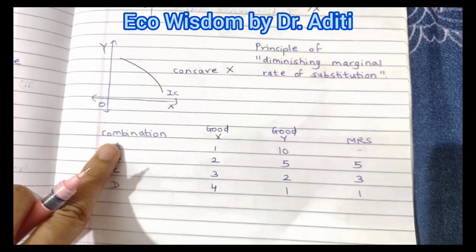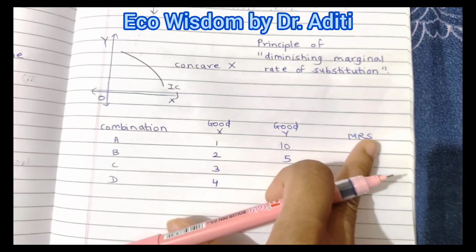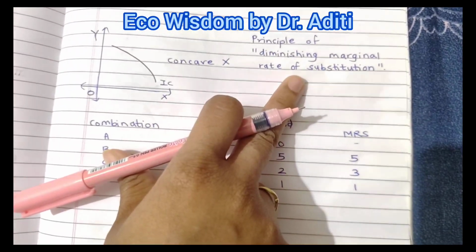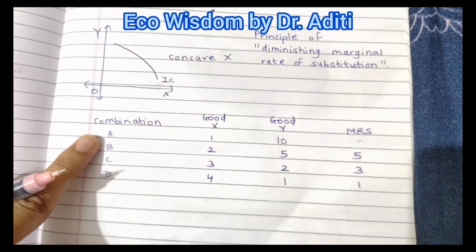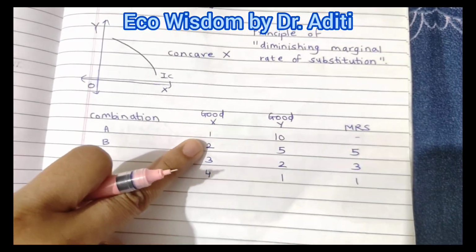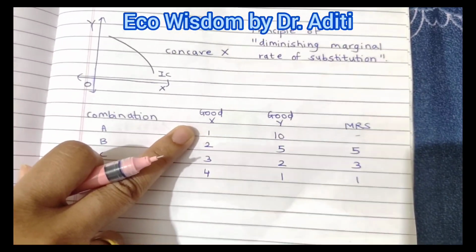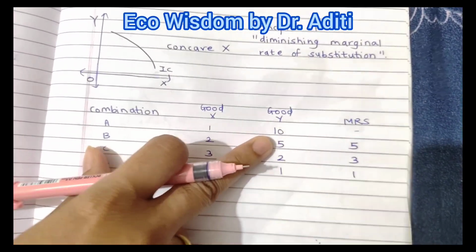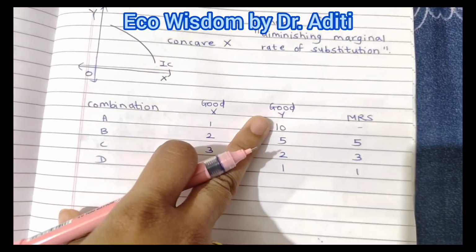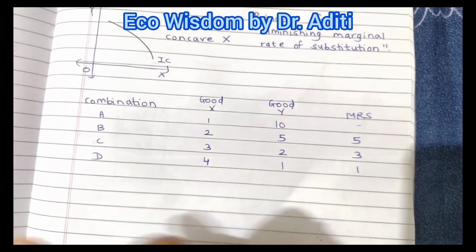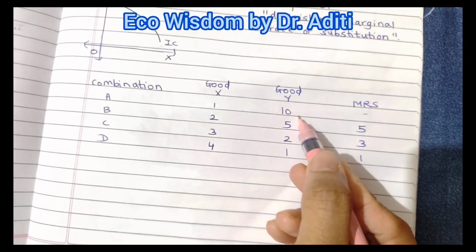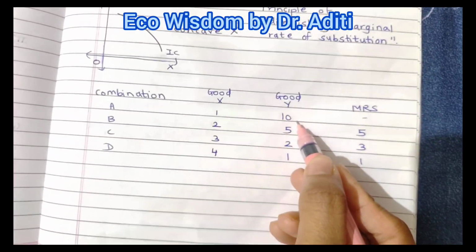We have combination, good X, good Y, and MRS, which is marginal rate of substitution. Under combination A, we have one unit of commodity X and 10 units of commodity Y. Suppose this is the original combination to begin with.